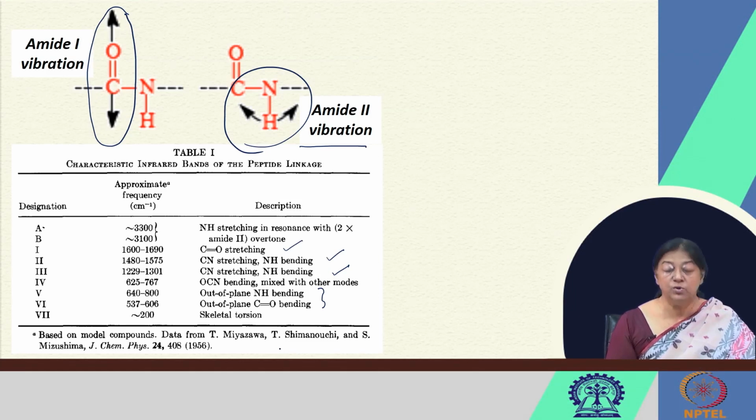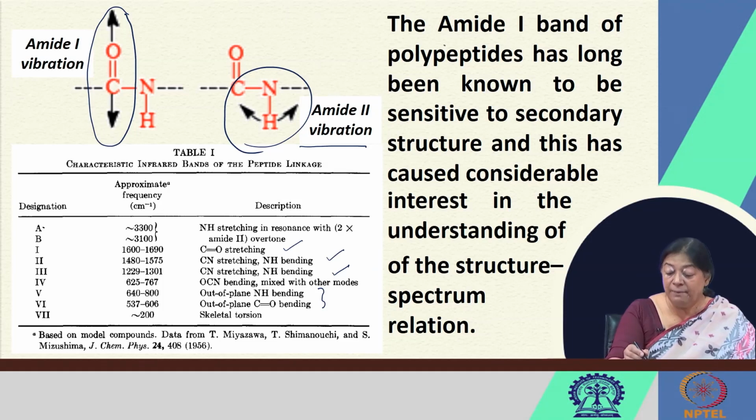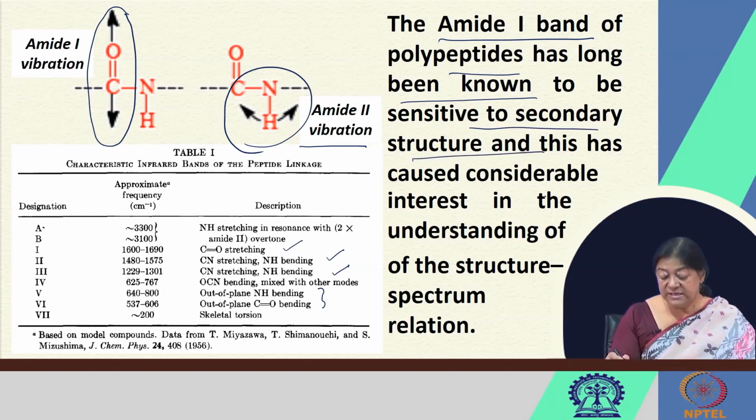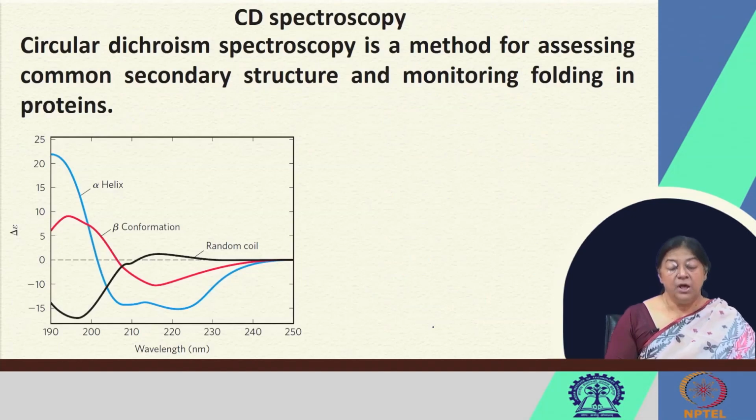For proteins, we look primarily at the amide 1 and the amide 2. The amide 1 band for the polypeptides is sensitive to the secondary structure, and this gives us a relation between the structure and the spectra that we can obtain for the specific protein.